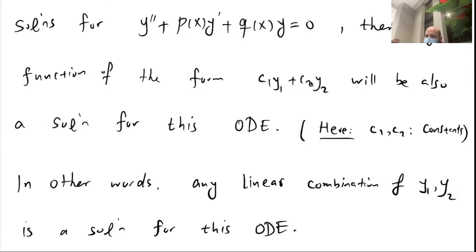C1 y1 plus C2 y2, if C1 and C2 are constants, is called a linear combination of y1 and y2. This is a concept that you learn in Math 252, linear algebra.